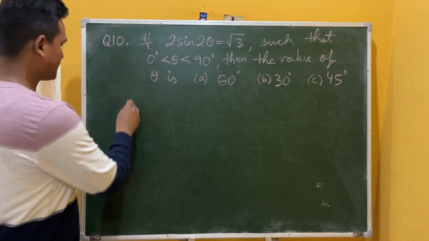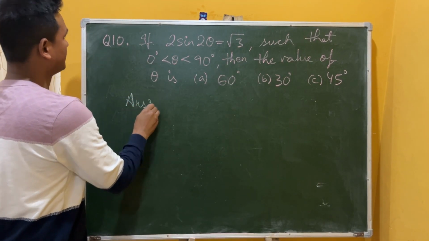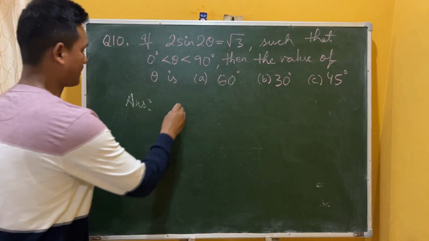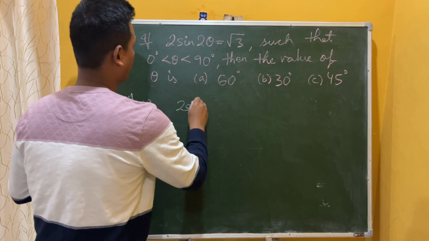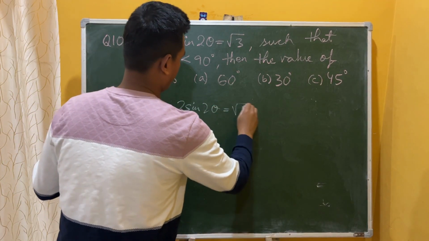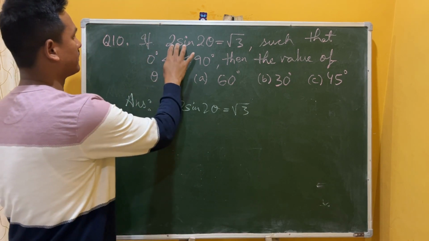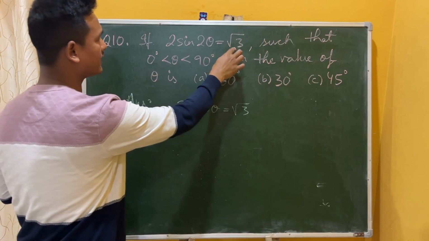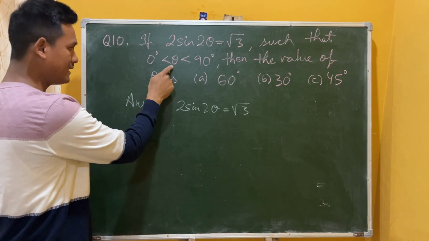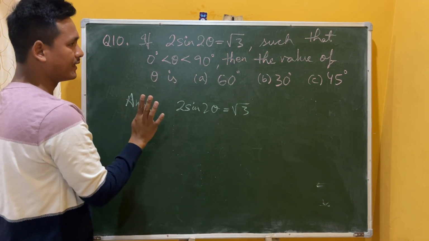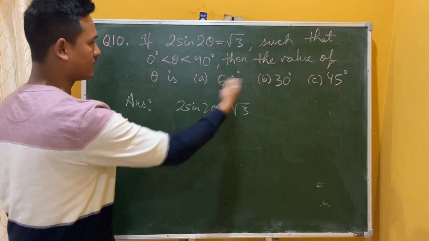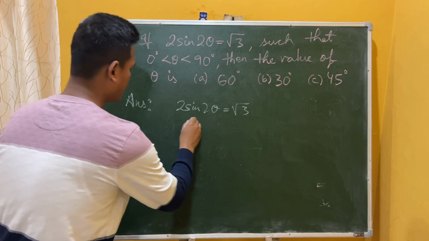So let's solve this trigonometric equation. Here it says 2 sine 2 theta equals root 3, such that theta lies between 0 degree and 90 degree. Then the value of theta is, okay, let's see what happens.